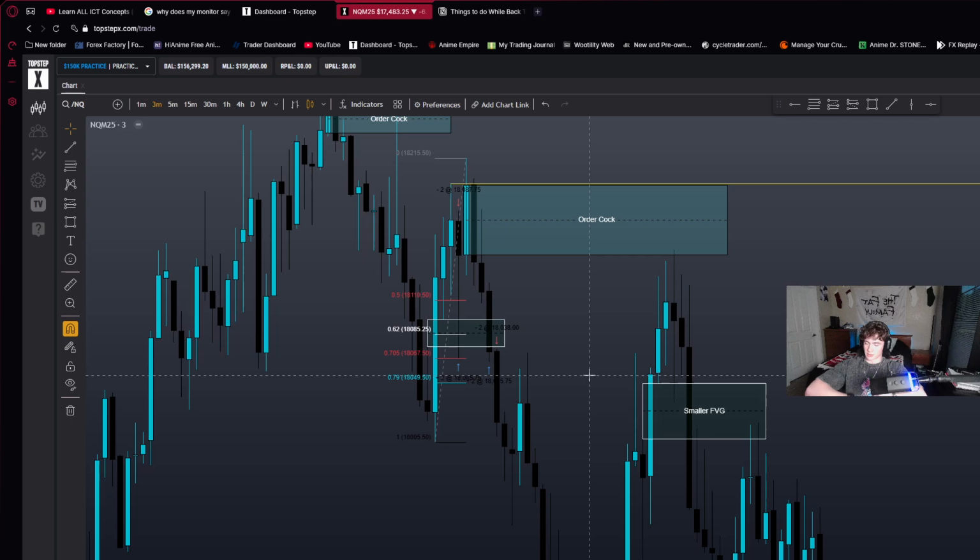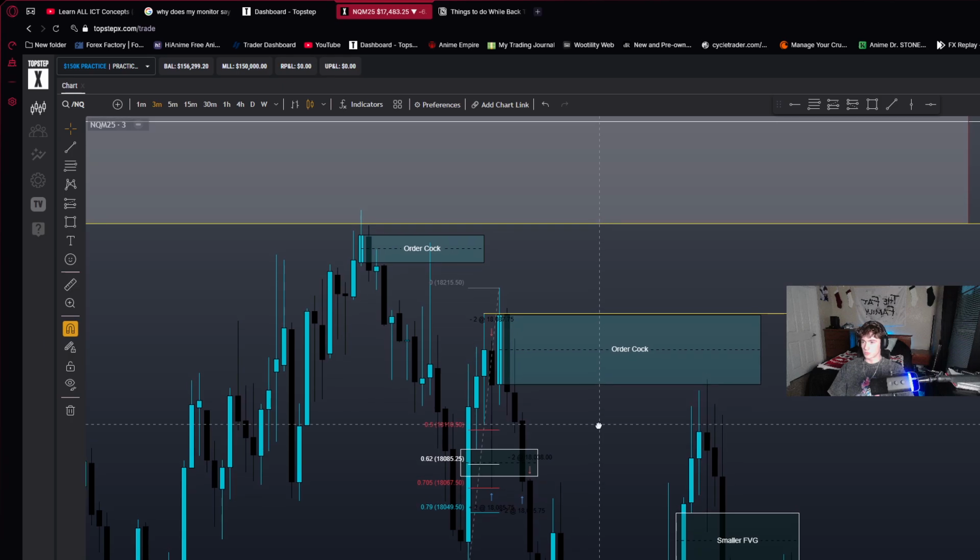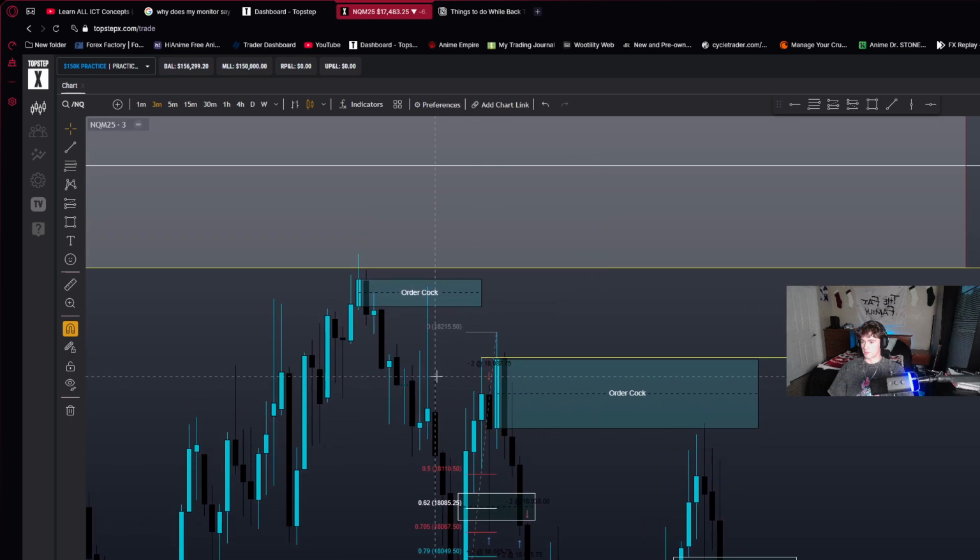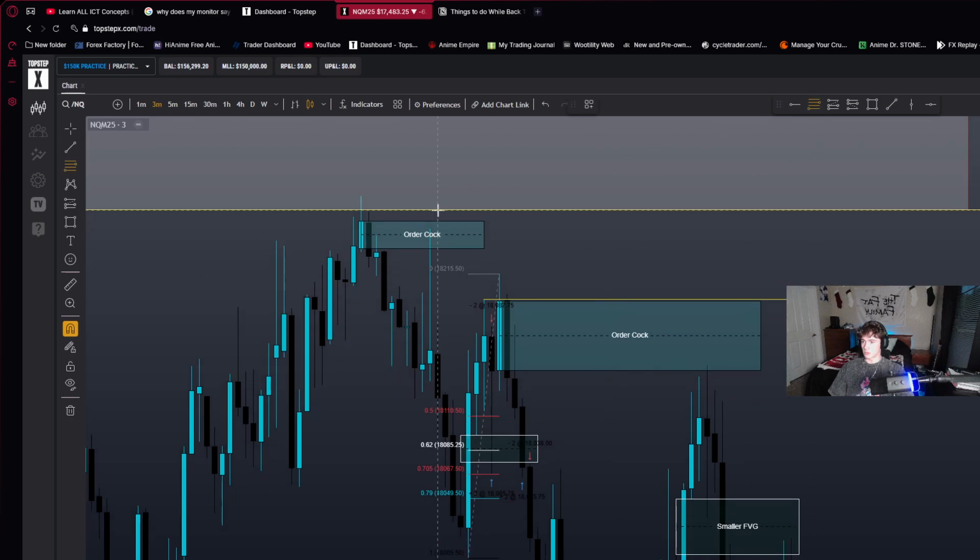One thing I am realizing, if your bias is bearish, you can still long, but you won't have as many opportunities like this. Once price retraces to a long opportunity like this, if I longed right here, that'd be a good trade. But I would have to take profit at this area or this area very quickly because we're not bullish. We're not going to create higher highs. So what you can do is take profit at OTE.